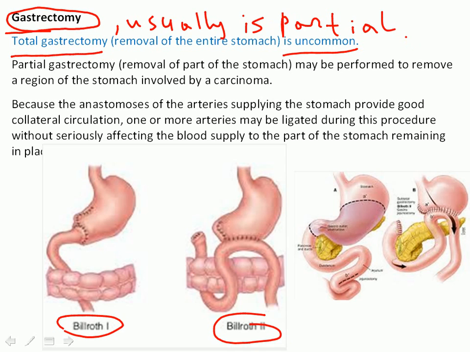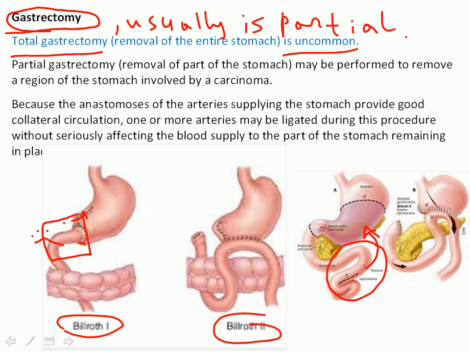Usually what we perform is a partial gastrectomy, removal of a particular part of the stomach, and after that we create an anastomosis between the remaining part of the stomach and usually the small intestine. Quite frequently we have to remove part of the duodenum as well during this procedure.